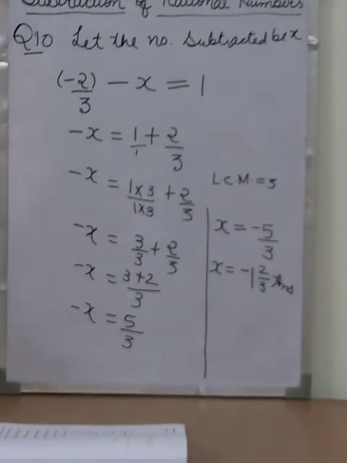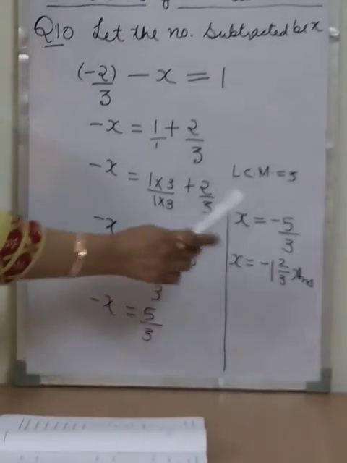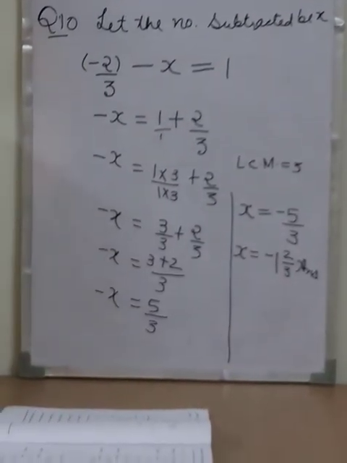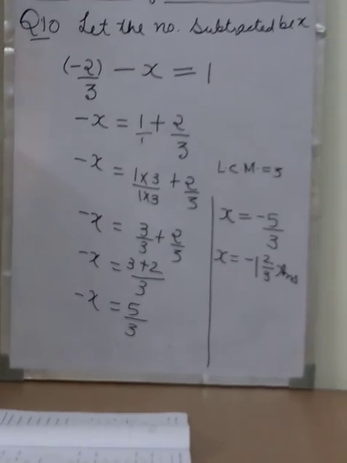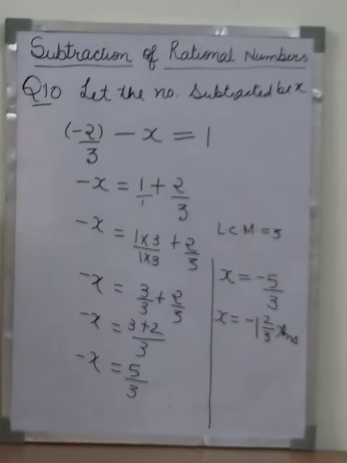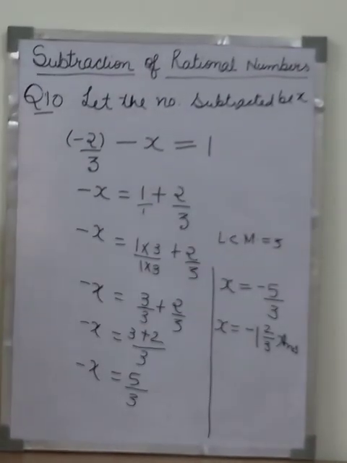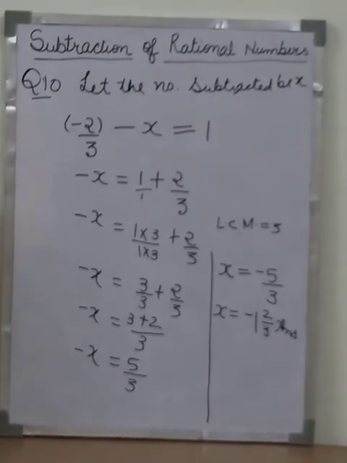So what must be subtracted from minus 2 by 3 to get 1? It is minus 1 whole 2 by 3. Hope you have understood how to write the question. Students, solving is not difficult. Writing the mathematical expression correctly is important. So write the mathematical expression correctly and then solve it.